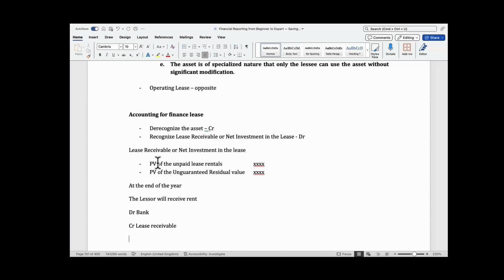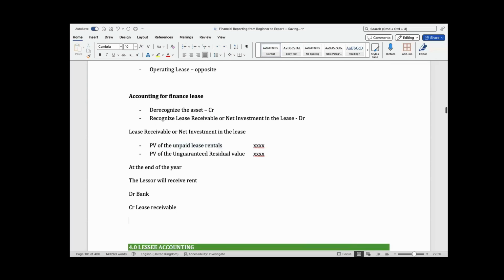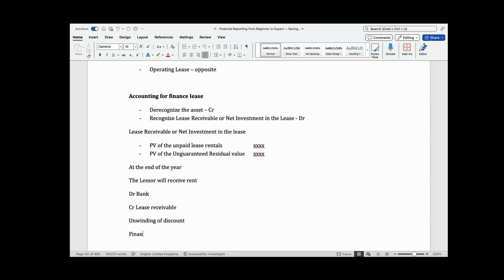Also, because we present value those rents at the beginning, just like we did for the lessee, we need to unwind the discount. We need to unwind the discount through finance costs as well.